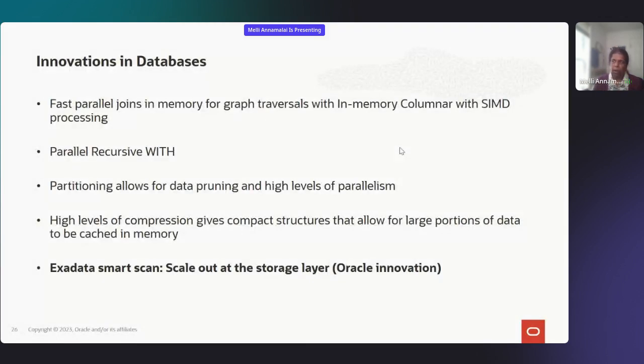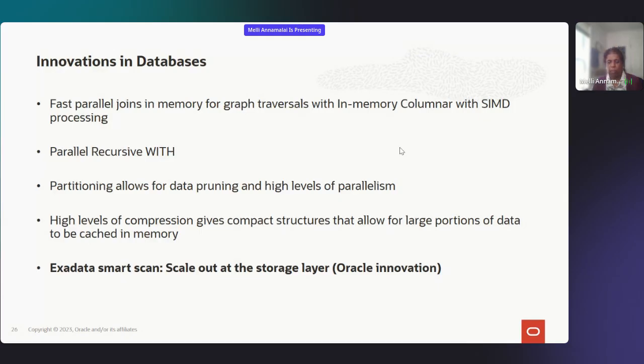We have in-memory options. We can do fast parallel joins in memory. The recursive WITH syntax in Oracle, we allow for extremely complex, I should say extremely sophisticated, partitioning of data, where you can work with data in a highly parallel way, which makes a lot of sense.